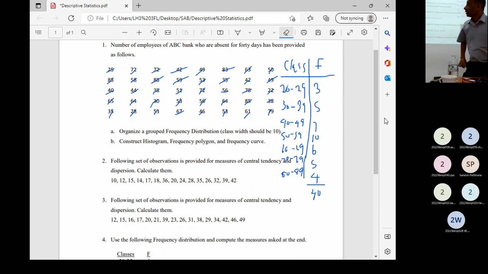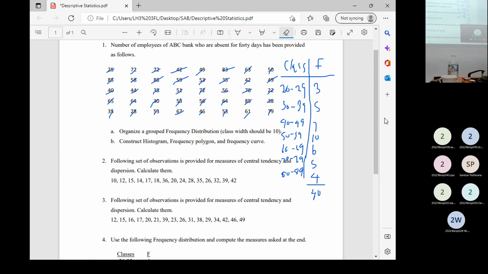Okay. Right, now what is meant by cumulative frequency distribution? We are having here 857. Right.